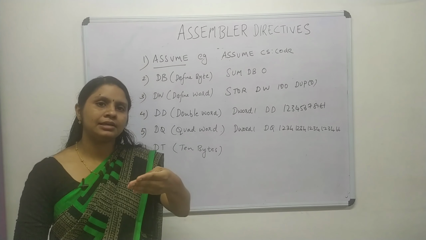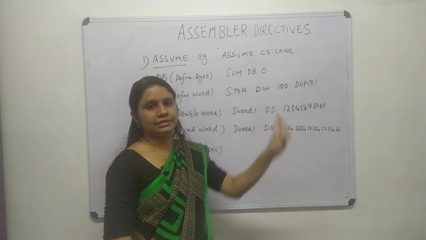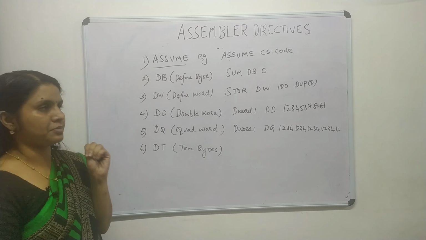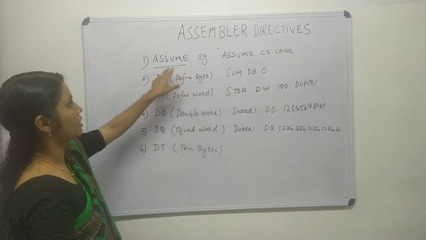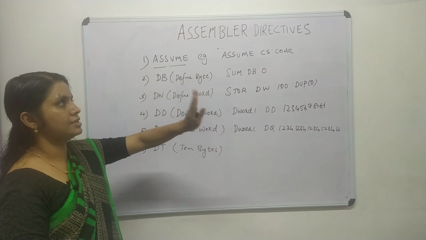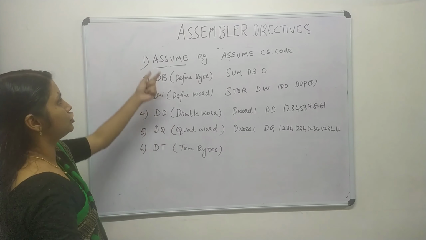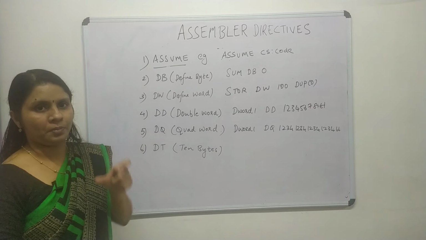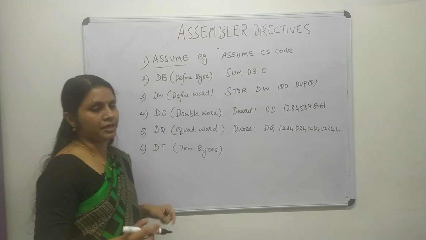If it is a data segment, you can specify it as DS:DATA. Likewise, 8086 supports 4 physical segments. If you want to define the name of the logical segment, you should use the directive ASSUME.